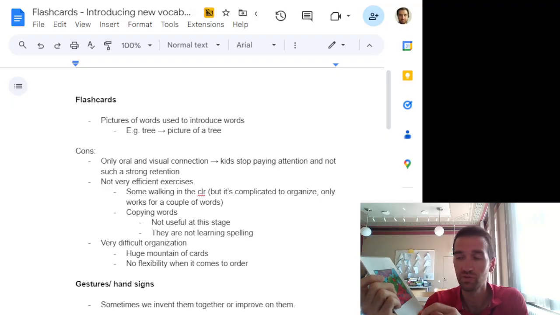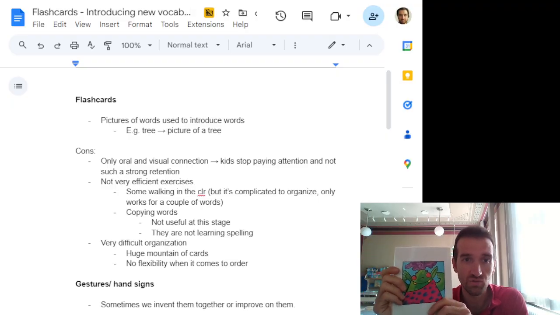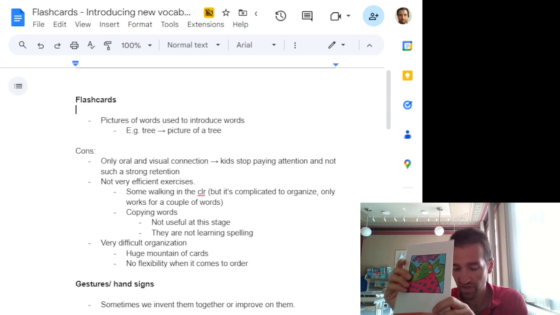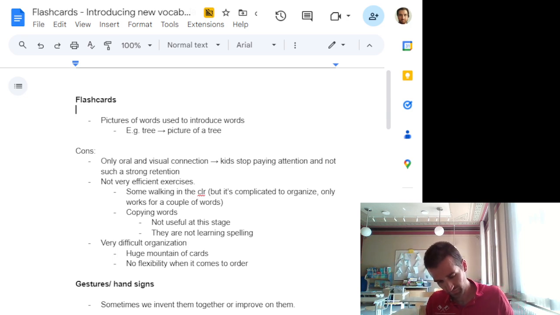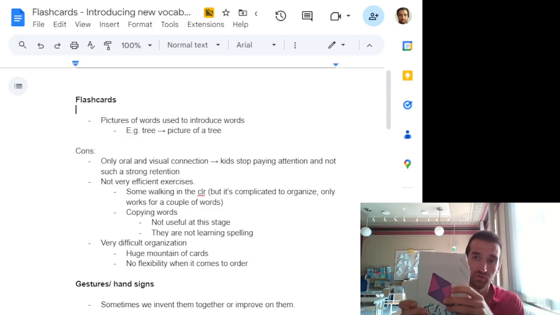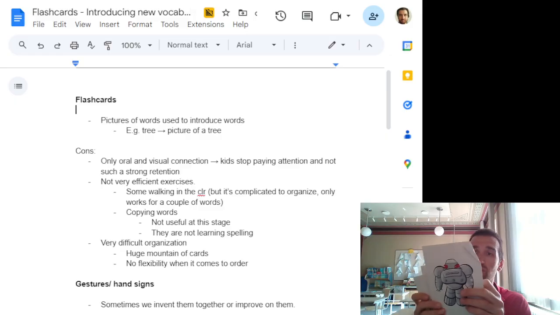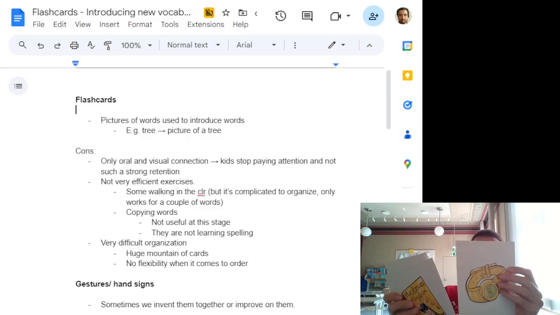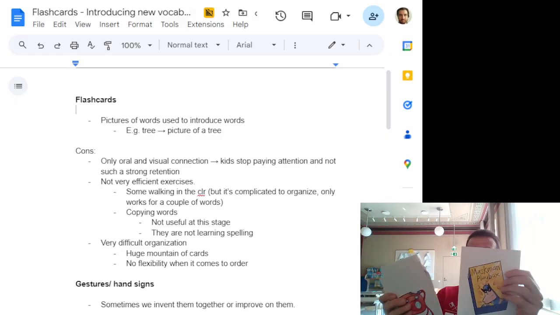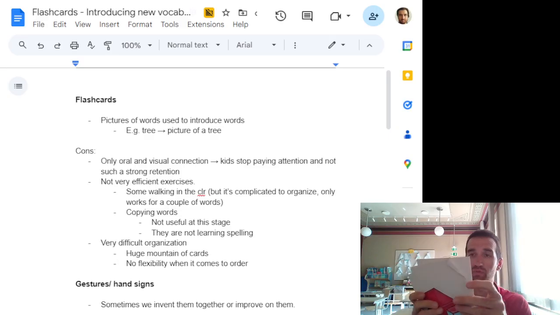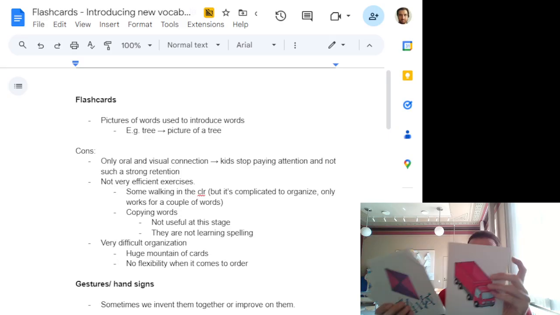So, for example, let's have these flashcards. So it's a kite, a robot, a watch, a computer game, a camera, and a lorry.